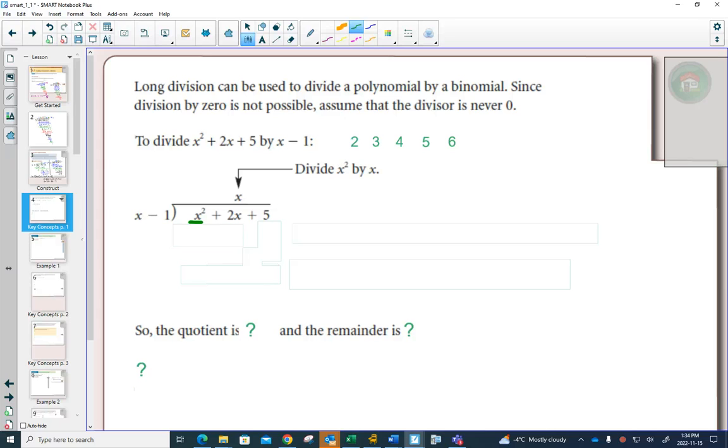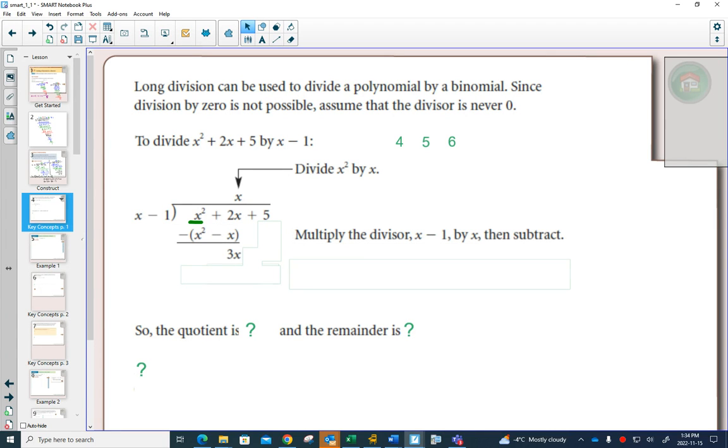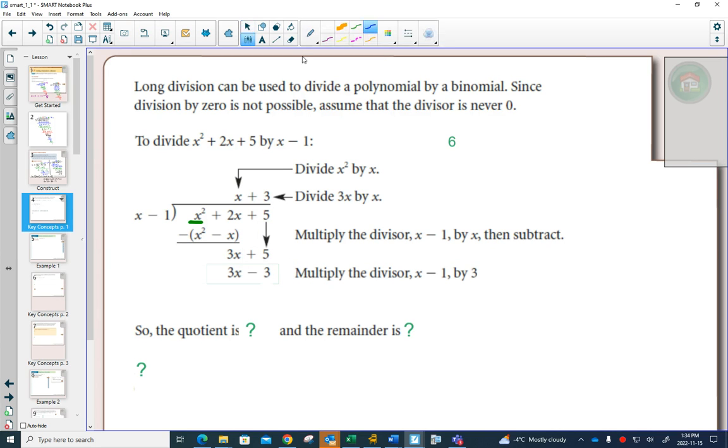You multiply that x by the x minus 1, then subtract. Then the next thing, that 5 should come down. Then you'd say, now I have a new one. My new one is 3x. What times x would give me 3x? A plus 3. Multiply again, subtract again, and you get your remainder.